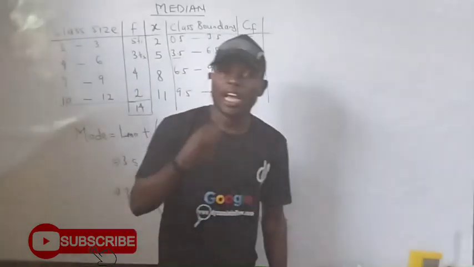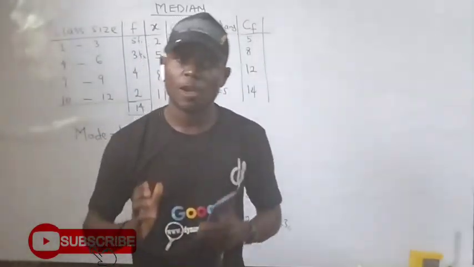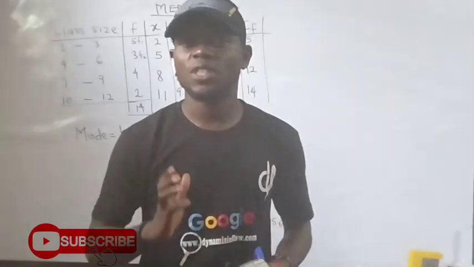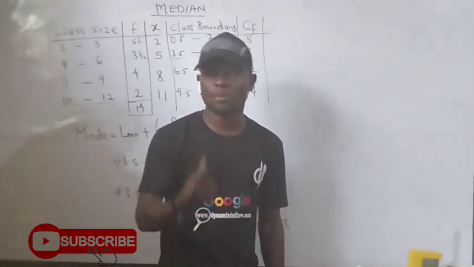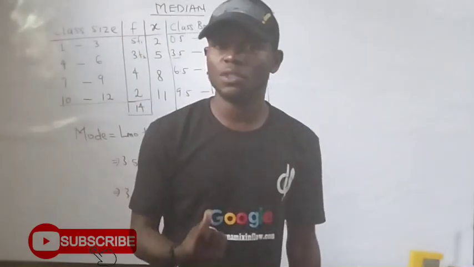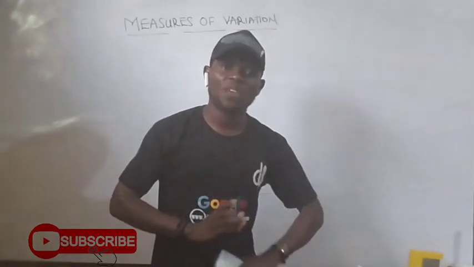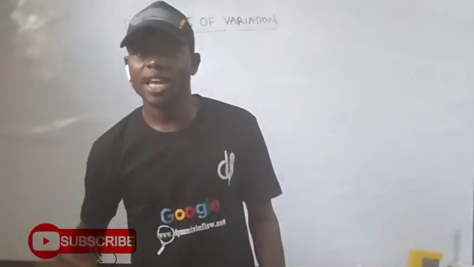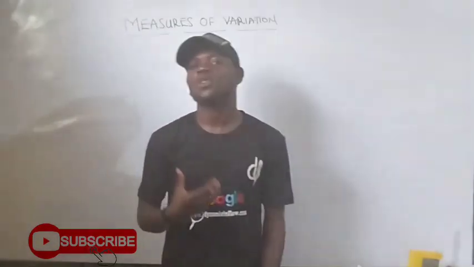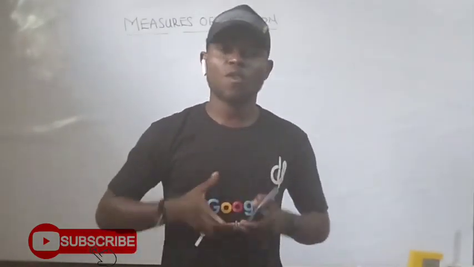Now we're going to be looking straight ahead into the measures of dispersion, and we are going to explain it to a reasonable extent, and understand the concept of the measures of dispersion and the measures of variation. In measures of variation, the concept behind it is that you are given a set of data, either rough or organized, from x1 down to xn. Then you have actually computed your mean, x bar. Now our aim in measures of dispersion is to know how far apart each value xi, that means x1 down to xn, is from the mean value.